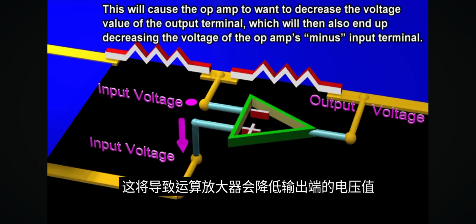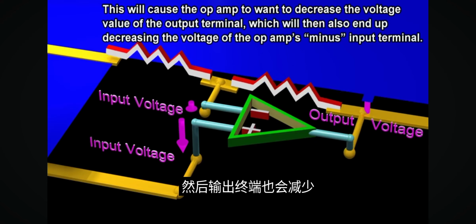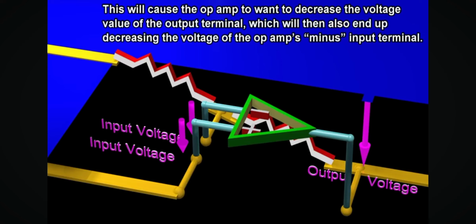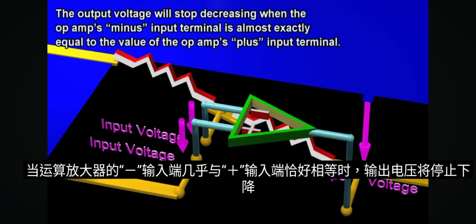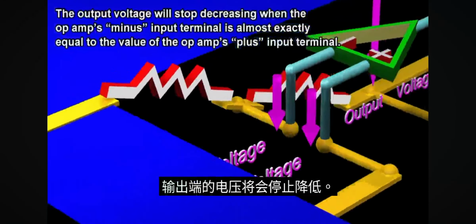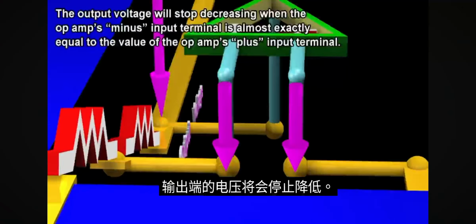This will cause the op-amp to want to decrease the voltage value of the output terminal, which will then also end up decreasing the voltage of the op-amp's minus input terminal. The output voltage will stop decreasing when the op-amp's minus input terminal is almost exactly equal to the value of the op-amp's plus input terminal.